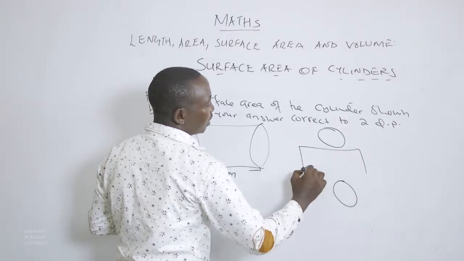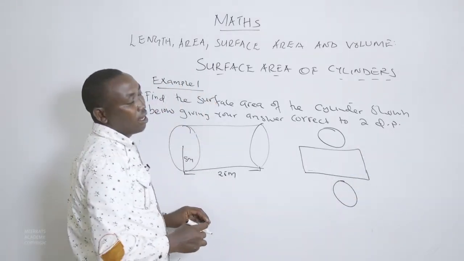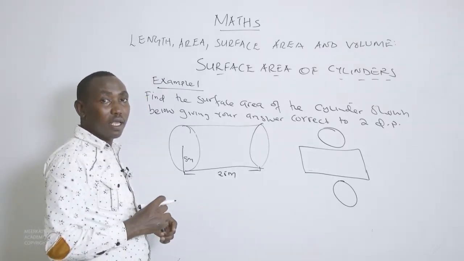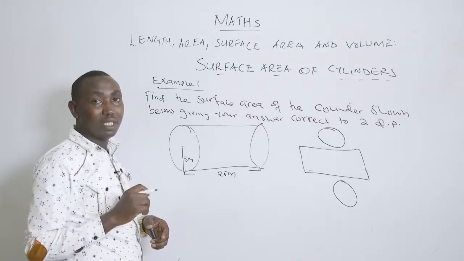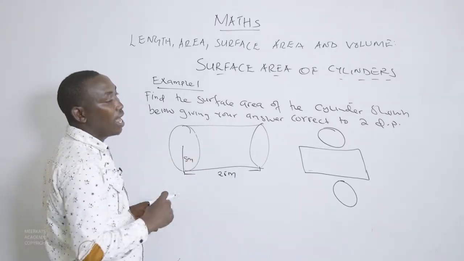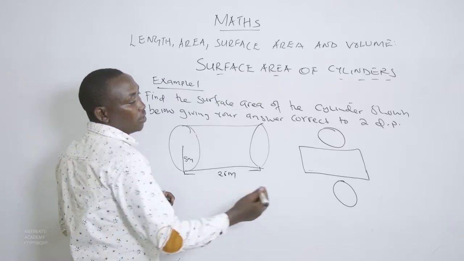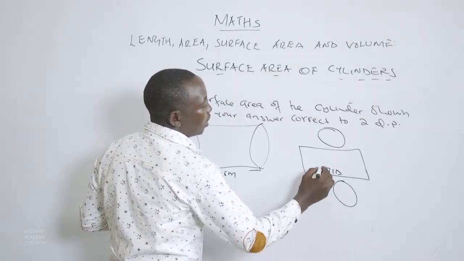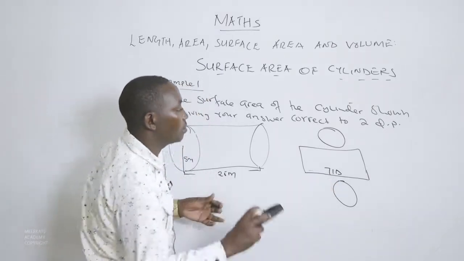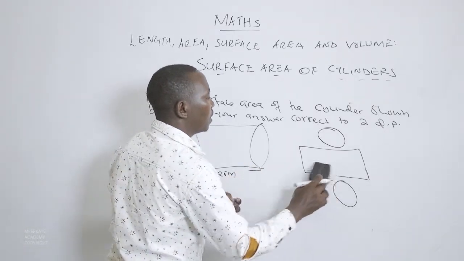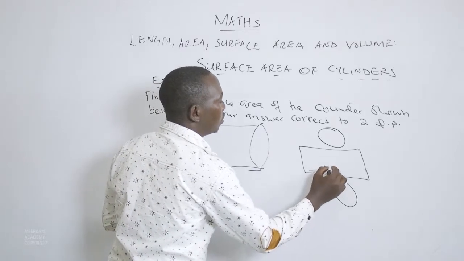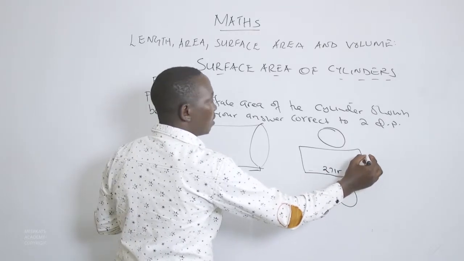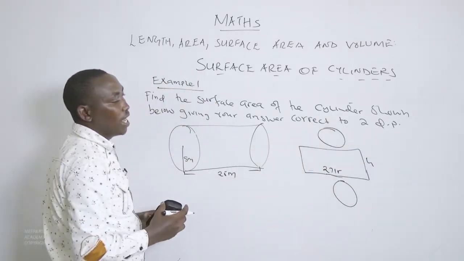Then the curved surface is going to give us a rectangle where the length of that rectangle is equivalent to the circumference of that particular circular part. So that means that this is going to be pi d, or 2 pi r, and the height remains to be h.